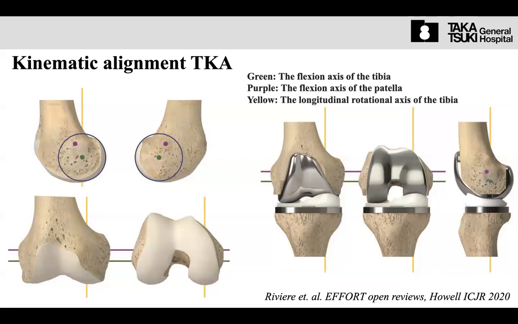In the kinematic alignment TKA, the flexion extension axis is the cylindrical axis. That is the line between the center of the medial condyle and the center of the lateral condyle. We call it the cylindrical axis or condylar axis. It's a little bit different from the epicondylar axis.